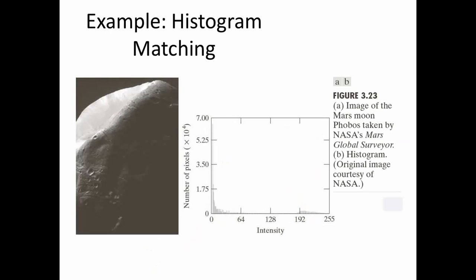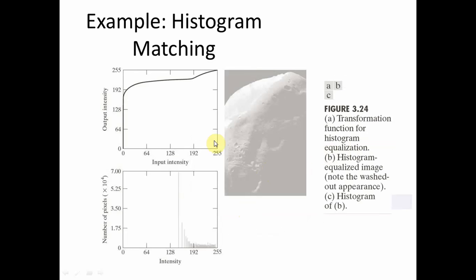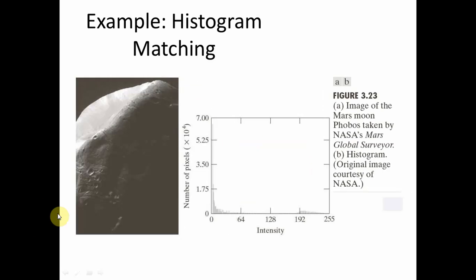This is the image of a moon. Okay, and this is the original image. That is poor contrast, you can say. It has values only near zero, and this is a transformation function, the equalization function. After equalization, the histogram, now the image is not that clear in this presentation, but it will be better than the original one.